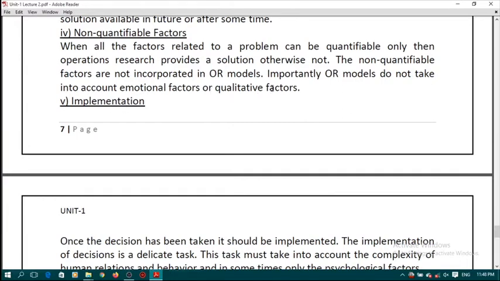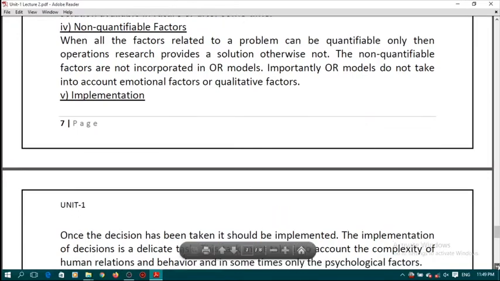When we deal with some problems, it focuses on data, but there is no perfect number for emotions, so that much emotion affects. That's why the effect of emotional factors is not considered in the OR model calculation.